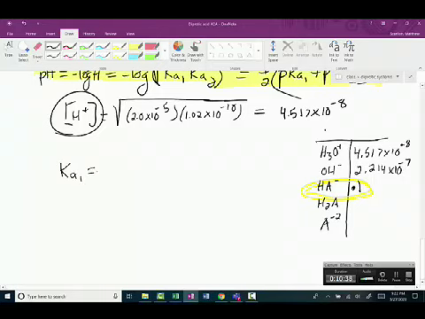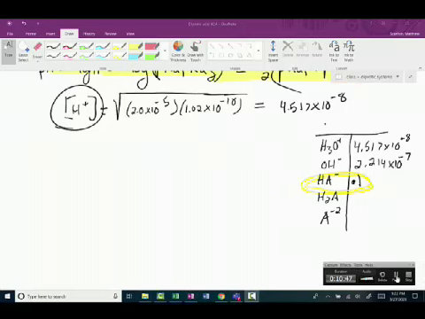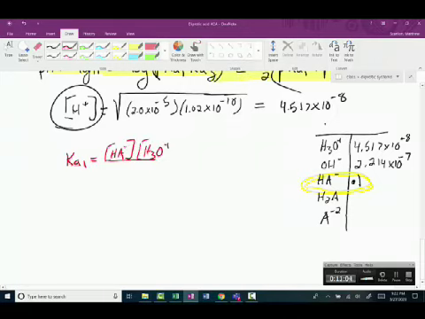Ka1 is equal to the concentration of HA minus times the concentration of H3O plus divided by the concentration of H2A.